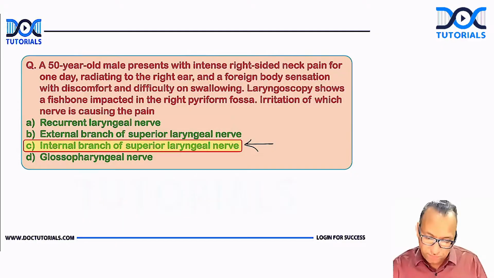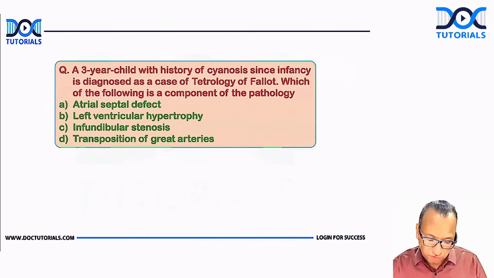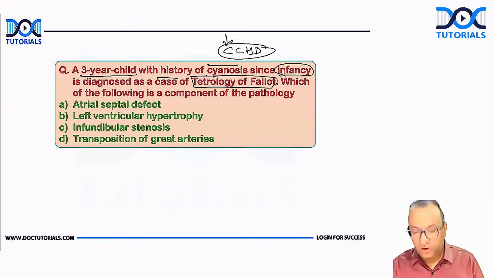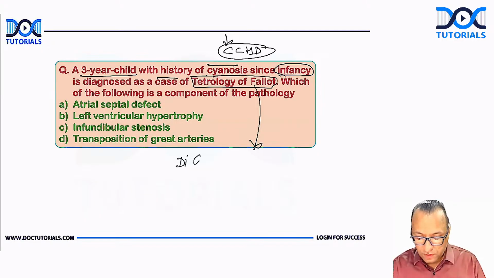Now, as we are moving further, you look at this question. A 3-year-old child, history of cyanosis since infancy, congenital cyanotic heart disease, diagnosed with tetralogy of Fallot. You know why tetralogy of Fallot happens? It can happen in DiGeorge syndrome. So what is the problem in DiGeorge syndrome?